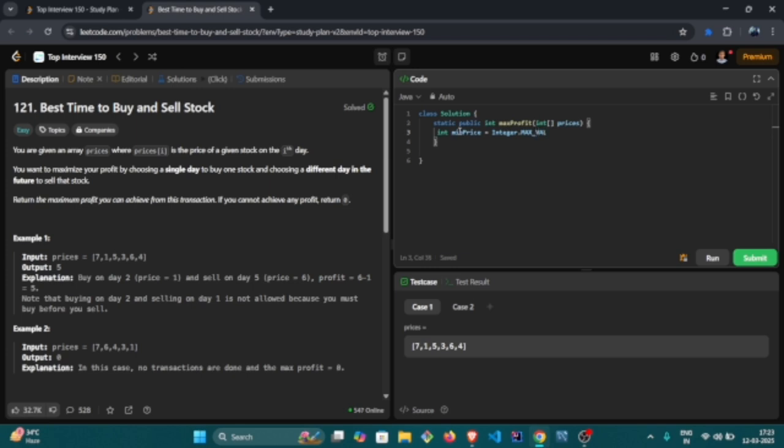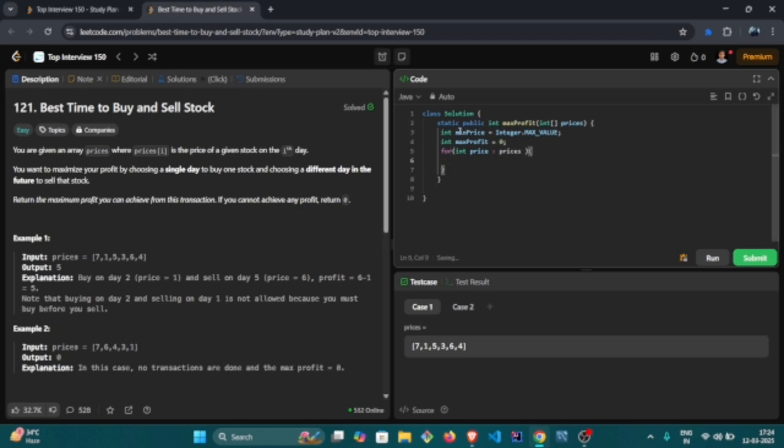Now we will make another variable, maxProfit, which will hold the maximum profit, initially as 0. Now we make a loop: for price in prices.